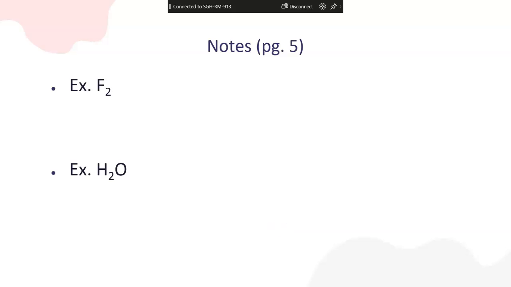So some examples. Previously, we looked at fluorine and saw that it has 7 valence electrons. When it pairs up with another fluorine, those electrons pair up. And then drawing the structural formula, we change the bonds to lines, but keep, and that's the key part, keep everything else the same.